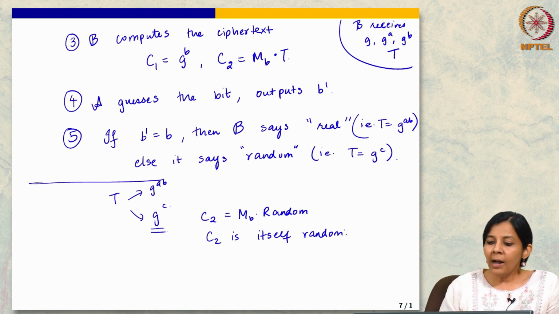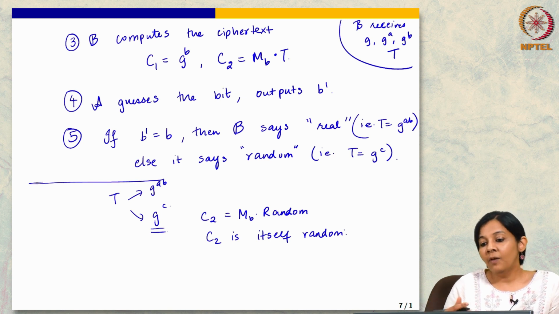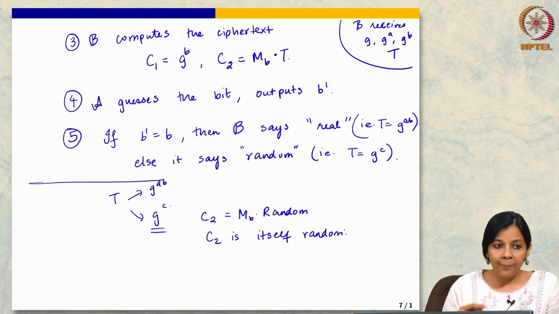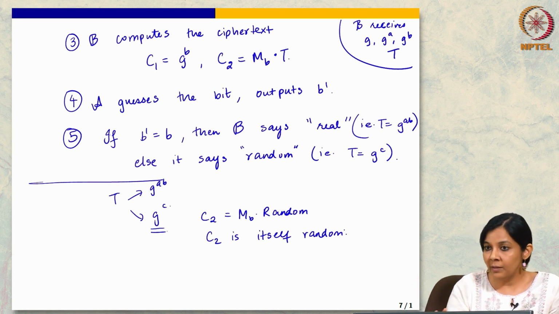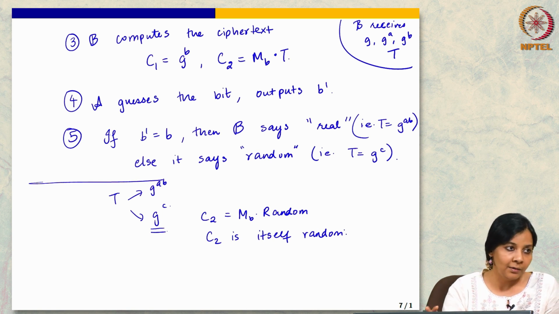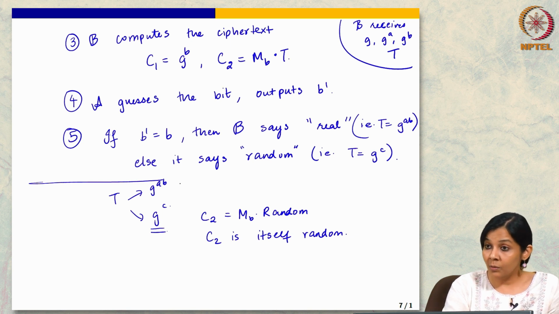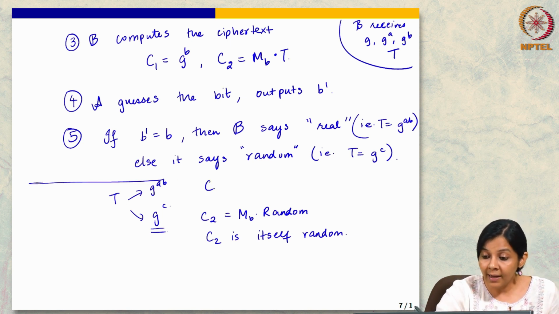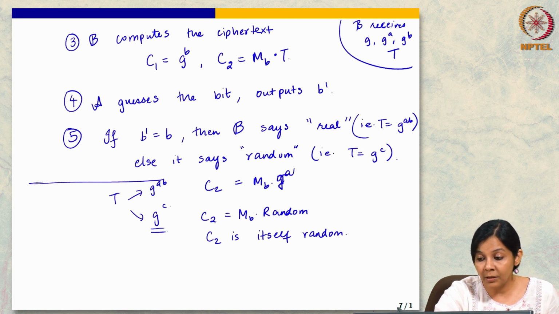On the other hand, if you did guess, right? Then, well, I have assumed that you are breaking this construction with a good probability, okay, and when T is G to the AB, that is the case that C2 is M_b times G to the AB, right.